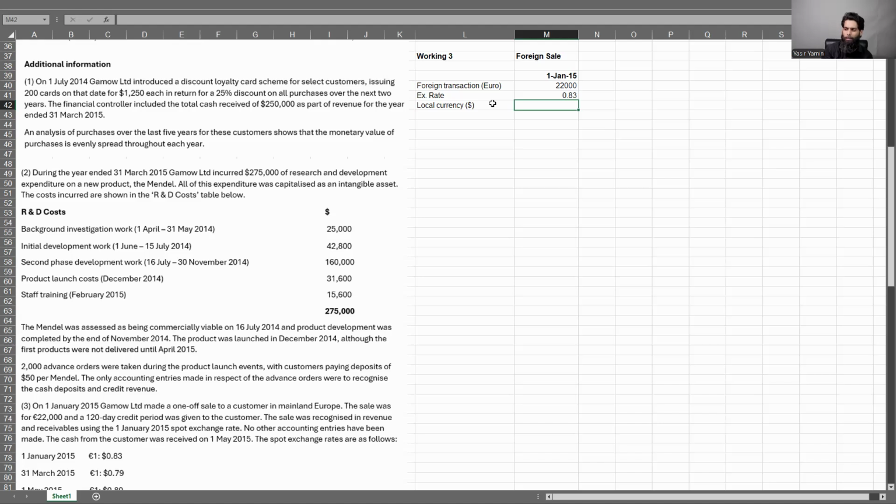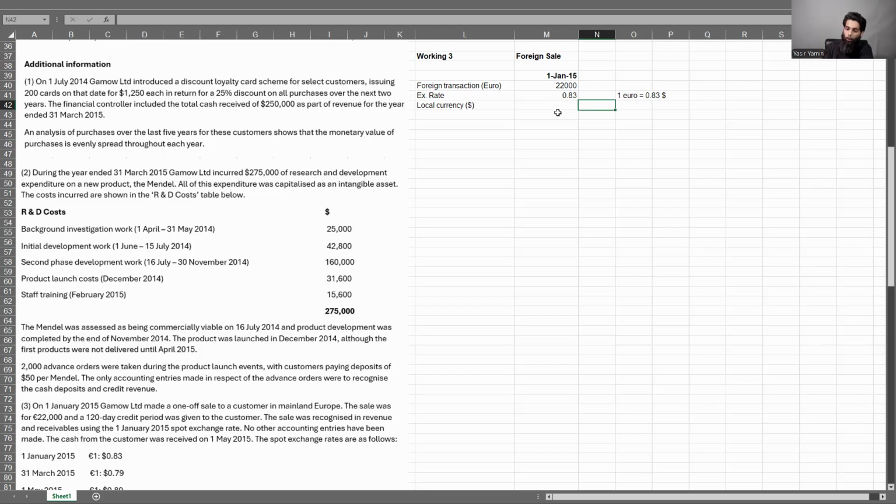Somebody is saying multiply, but why do I multiply? You see, it says that 1 euro is equal to $0.83. So 1 euro is less dollars. More euros equal less dollars. So you have 22,000 euros, but this will be equivalent to less dollars.